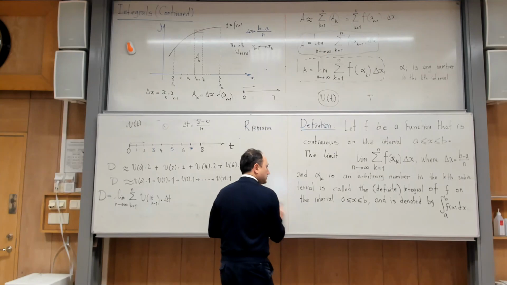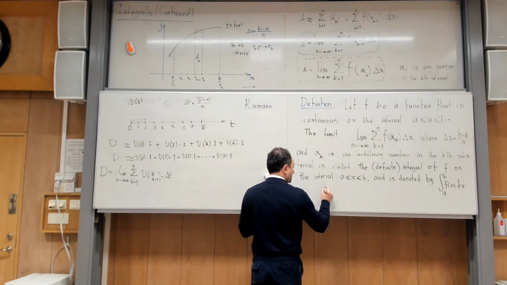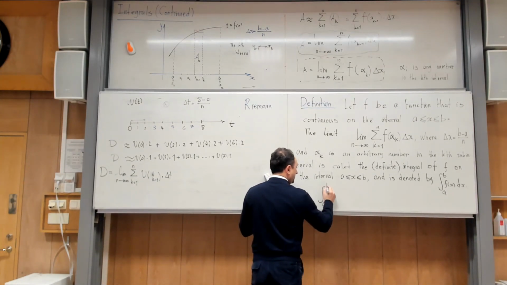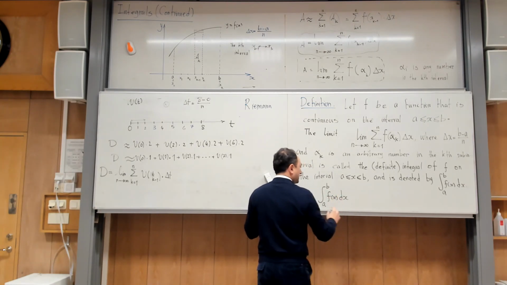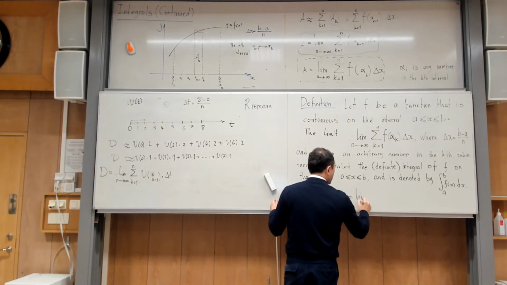So in other words, if I want to write a formula for you, you can say that the integral from a to b of f of x dx is equal to the limit of this Riemann sum.